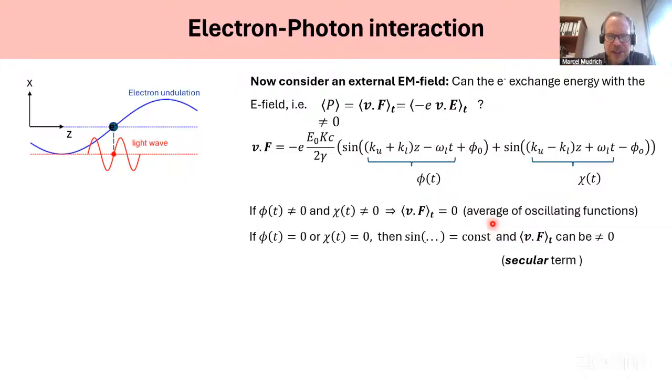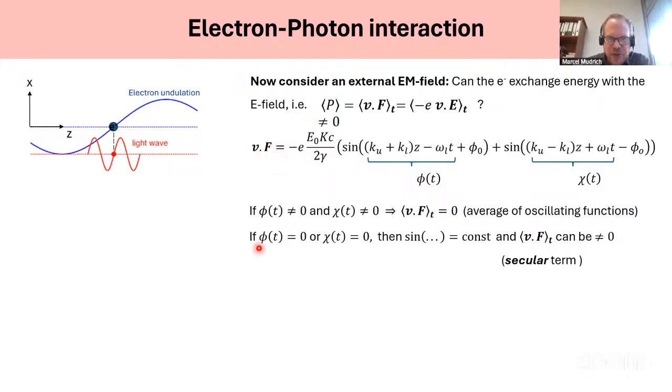So the condition that the time average is non-zero would be that either the phase phi or the phase chi is 0. Because if, let's say, phase phi is 0, then we are left with sine of some constant phase, which could be 0. If it's 0, then the whole sine would be 0. But if phi naught is non-zero and phi of t is 0, then we are left with sine of a constant, which is a constant, and we would actually have a constant finite value for the time average.